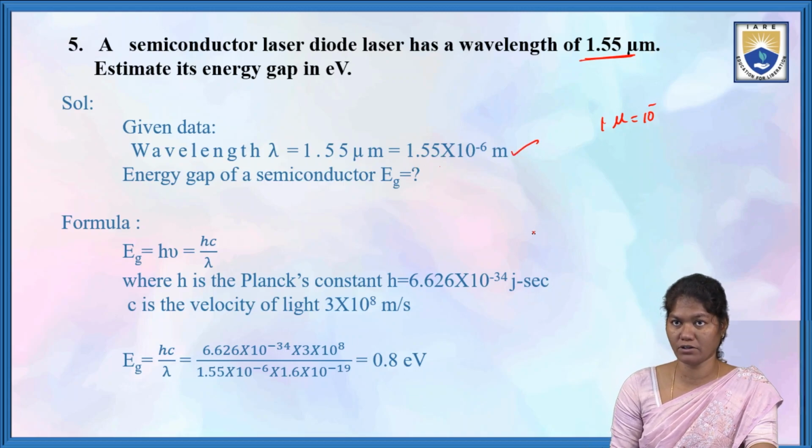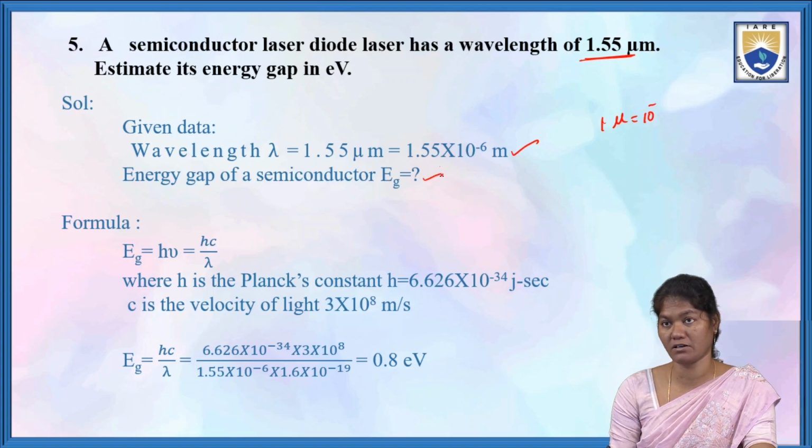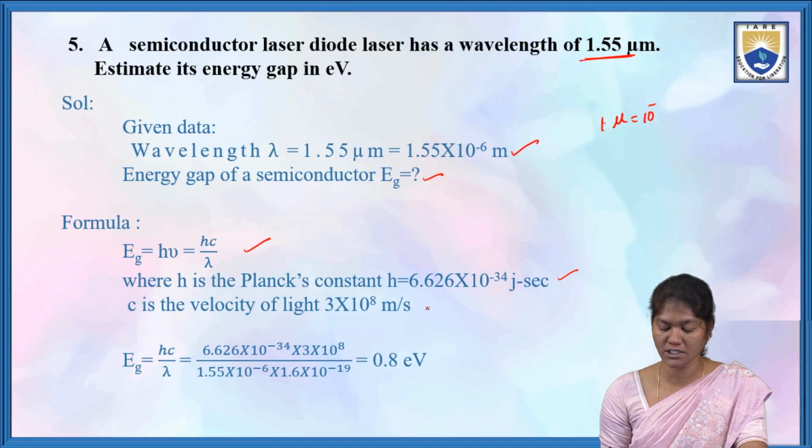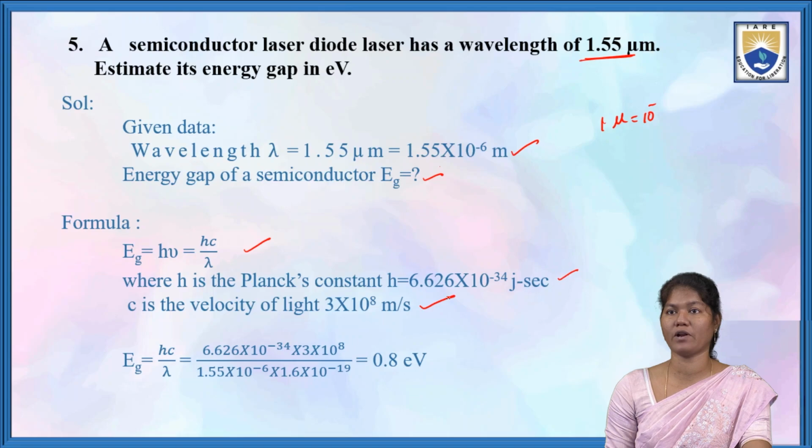We want to calculate the energy gap of the semiconductor. The formula is Eg equal to h nu, that is hc by lambda, where h is Planck's constant 6.626 into 10 power minus 34, and c is the velocity of light, 3 into 10 power 8 meters per second.